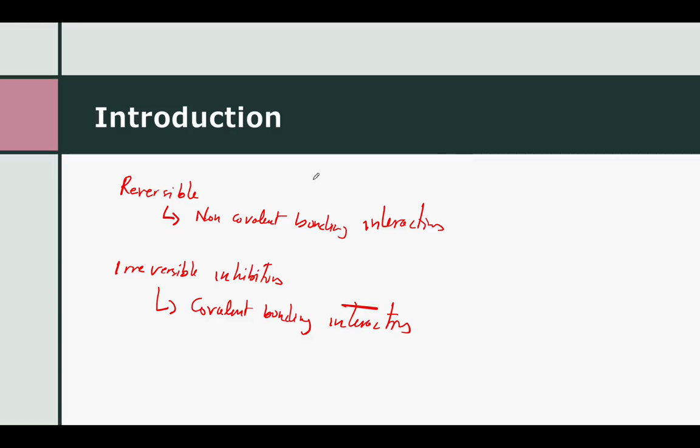So when we talk about reversible inhibition, you remember when we were talking about an enzyme and the substrate. The enzyme can form an enzyme substrate complex that's then going to lead to the formation of an enzyme product complex, and then the liberation of a product.